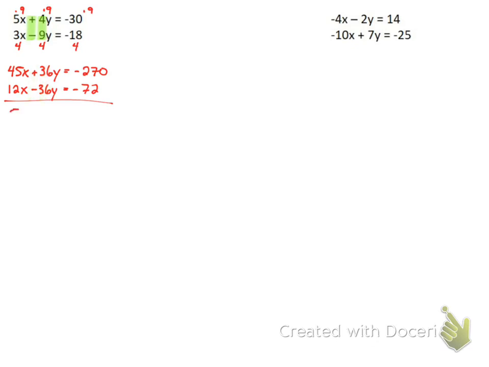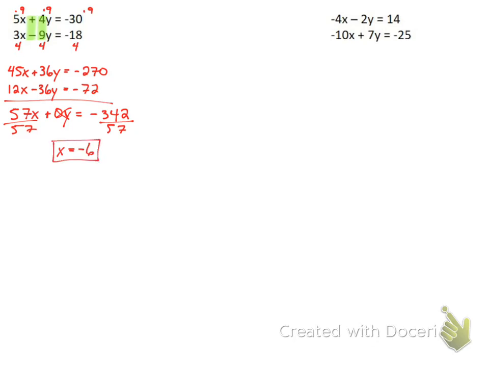I add these together and I get 57x plus 0y is equal to negative 342, I believe. Yep. And then I can divide both sides by 57. I get x is equal to negative 6.